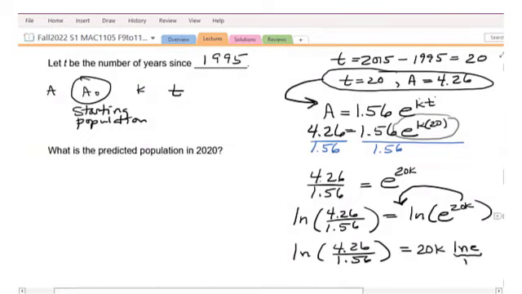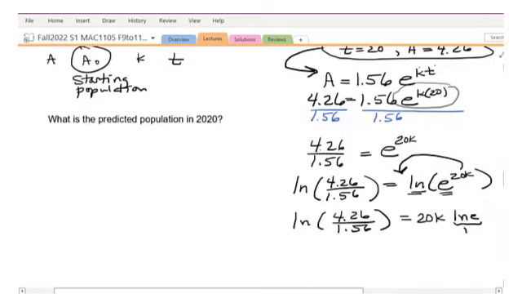Or there was another property of logs that said that when the base of the log is the same as the base of the exponential expression, they cancel each other out. Either way, you end up with the natural log of 4.26 over 1.56 is equal to 20k, just the exponent.